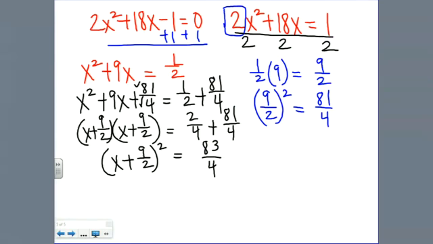Now, before we use the square root property, did any campus or anybody off-site have any questions? Now, using the square root property to get rid of the exponent of 2, we do the opposite of squaring by taking the square root of both sides.